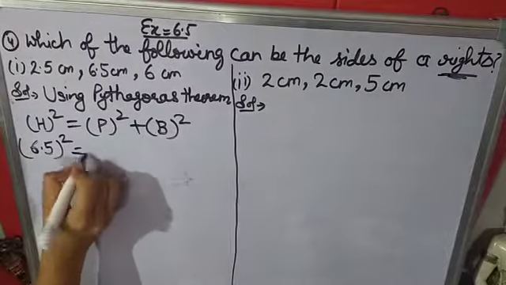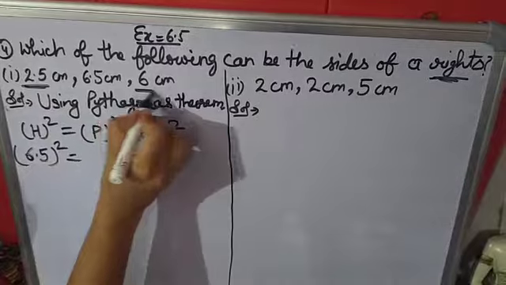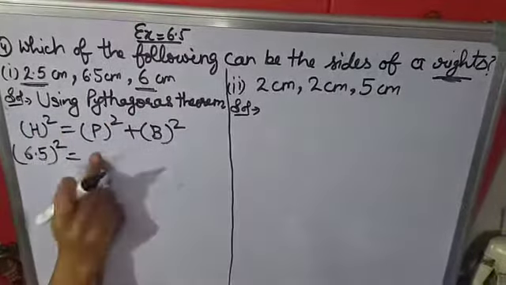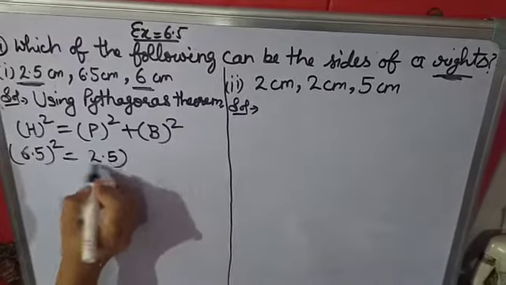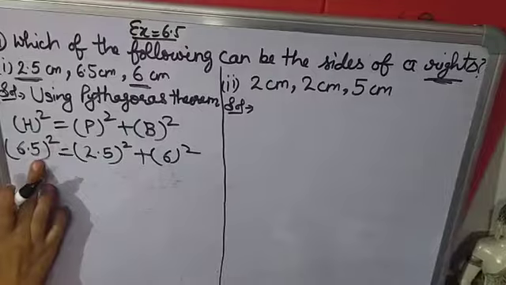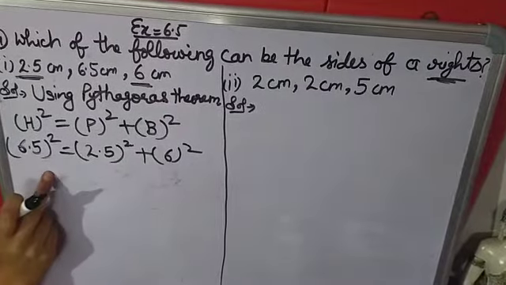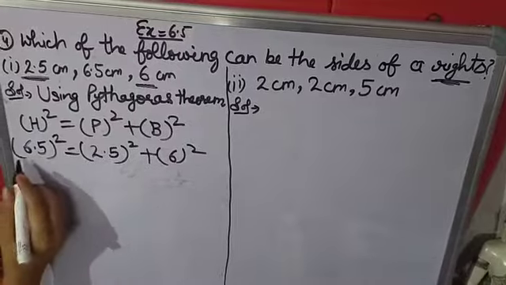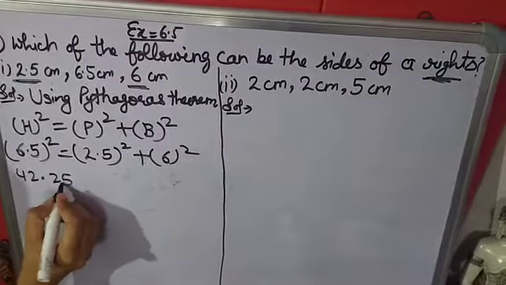Now in perpendicular or in base you can put any value. 2.5 you can put here or 6 also. I am putting 2.5 square plus 6 square. Now the square of 6.5 means 6.5 multiplied by 6.5, so it will be 42.25.